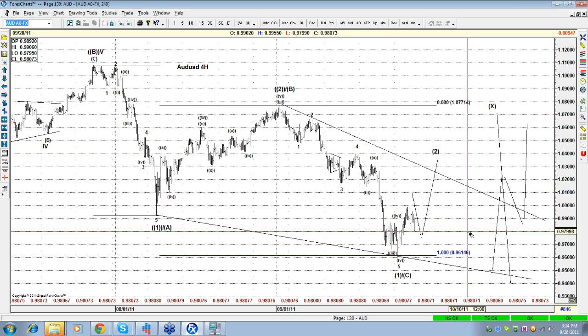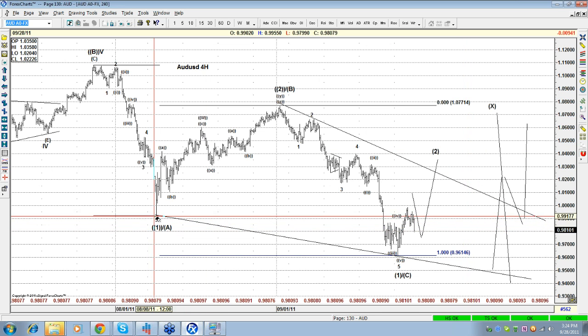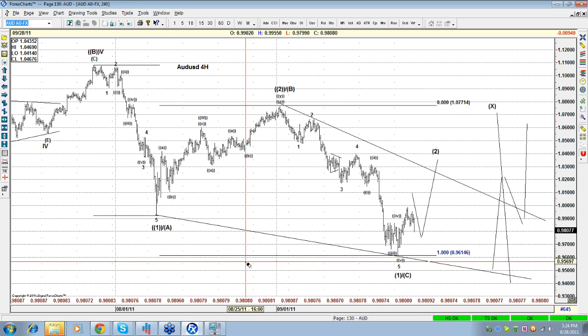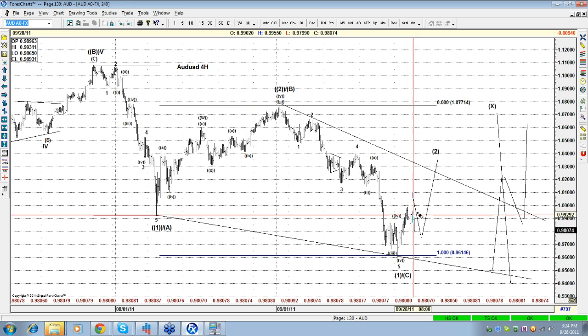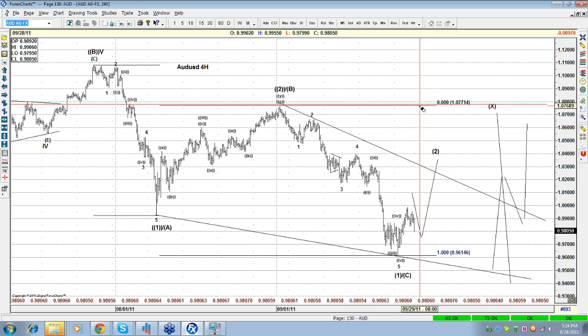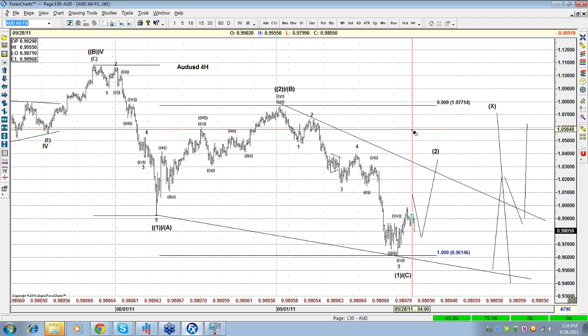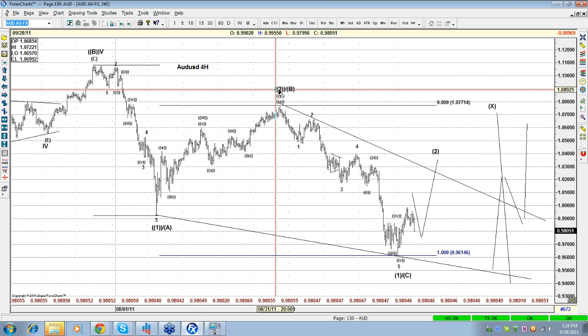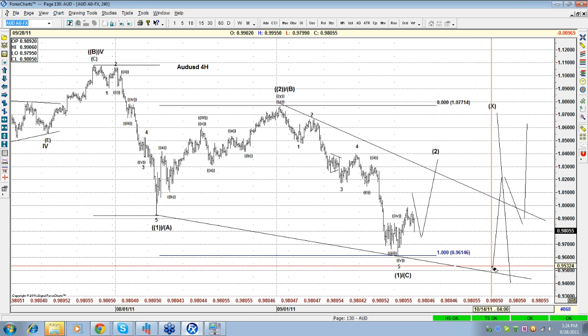I can tell you something. This is questionable, some degrees, 5 ways, because the ending diagonals can be 5, 3, 5, 3, 5, and can be 3, 3, 3, series of 3. So maybe it's going to do a 1 as a 5, 3, 5, 3, 5, and make a leading diagonal for the top.